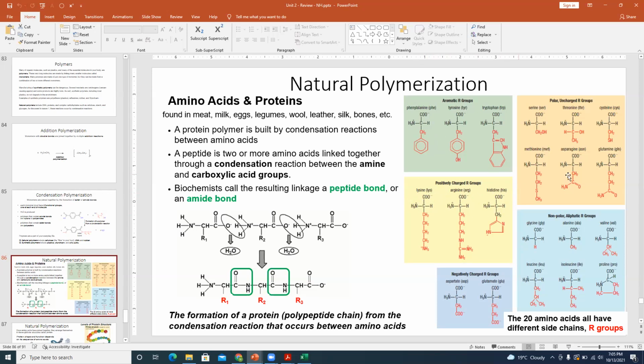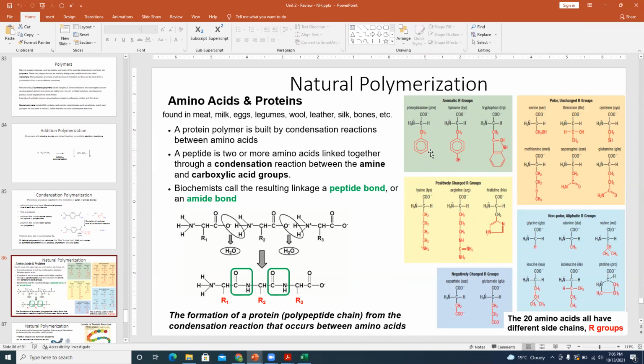And then what they have differently, and that's what makes each one of them a different amino acid, is they have this different R group, what is called. So this R group is different for each amino acid, and depending on what it is, that's a different type of amino acid. For example, these 3 amino acids up here, these are called the aromatic.